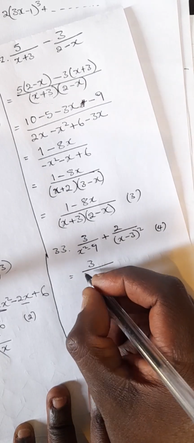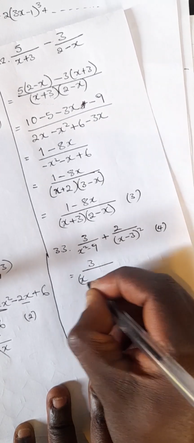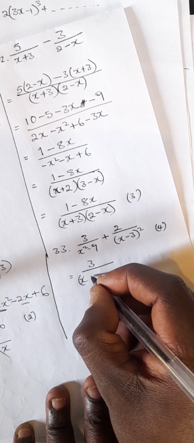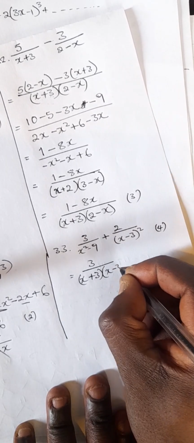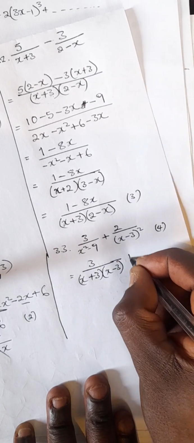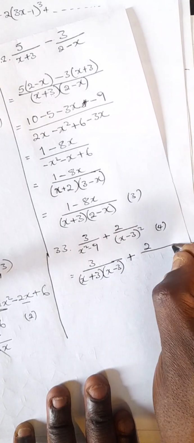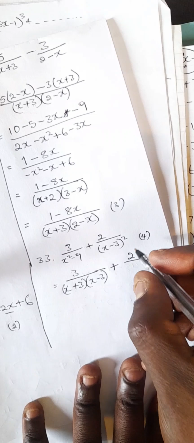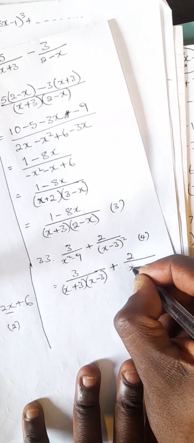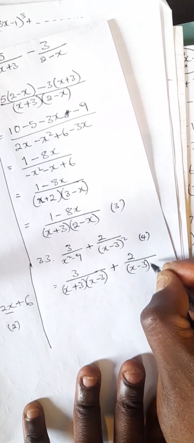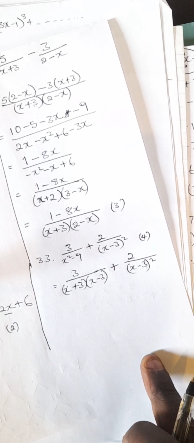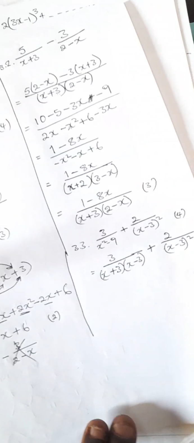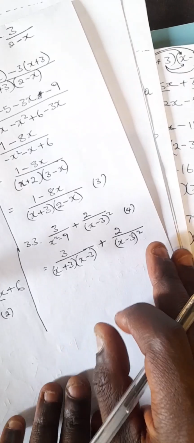So this means I can write this as x plus 3, x minus 3, right, plus 2 divided by x minus 3 squared. Okay, this is 4 marks.